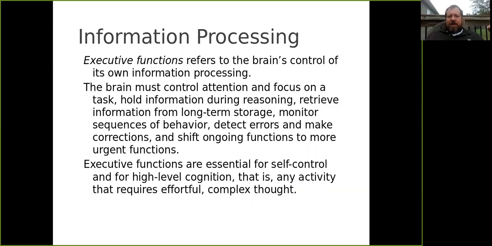How do we focus on the task to achieve the goals that we need to send information into the short term or long term memory? Executive functioning is essential for higher level thought and cognition. It's essential for self control. Any activity that requires complex thought, requires effortful, purposeful, intentional thinking.